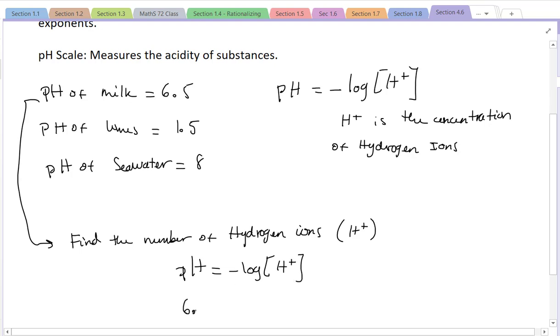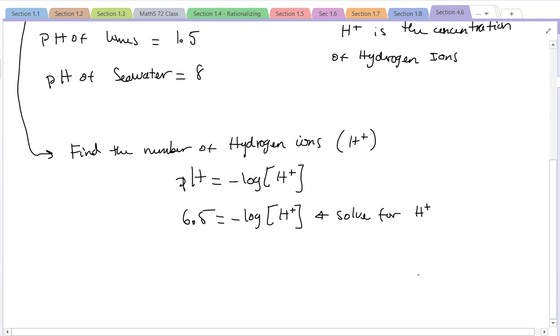So I'm going to have 6.5 is equal to negative log of H plus, and we're solving for H plus. Dividing both sides by a negative, I'm going to have negative 6.5 equals log of H plus. And this is a log base 10.